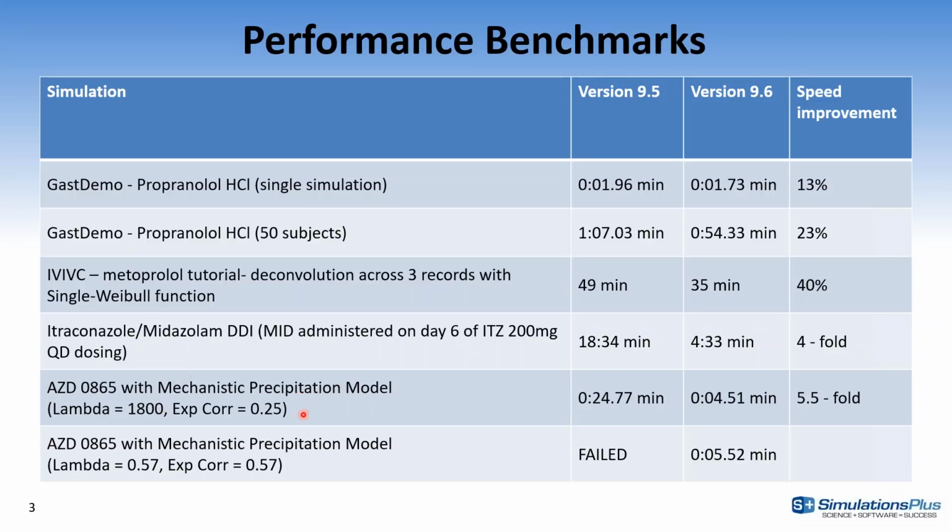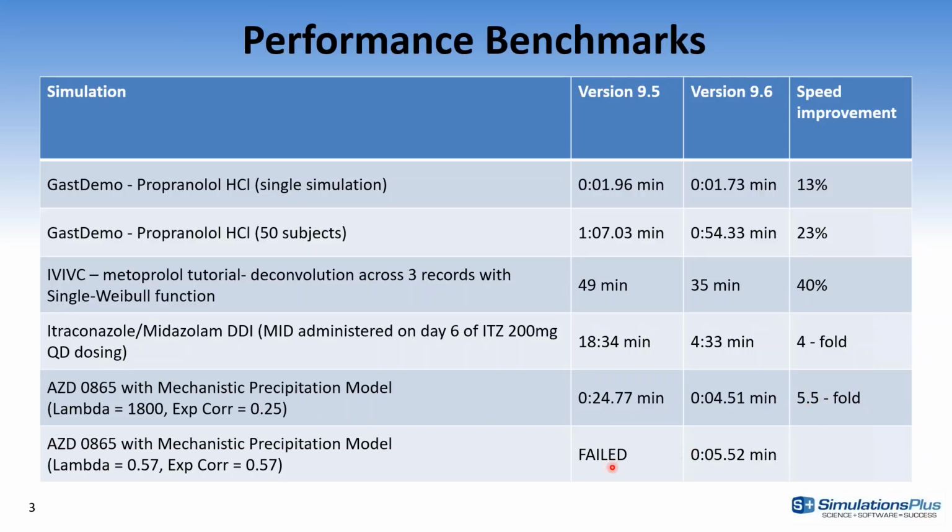Another type of very tough simulation was often mechanistic precipitation models, where the integrator would have a hard time solving the differential equations. This is where you again will see significant improvements.